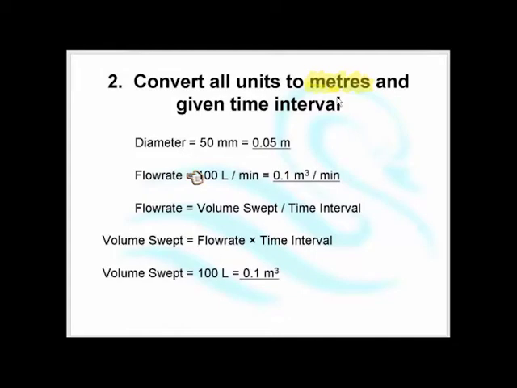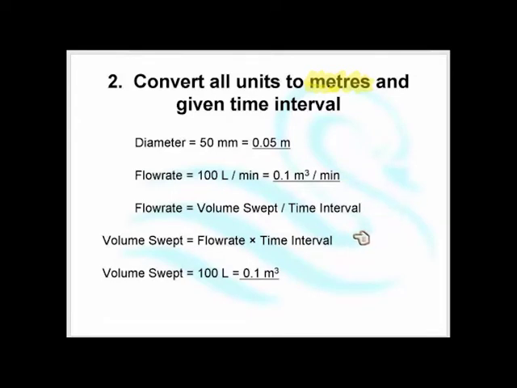Next, the flow rate, 100 litres per minute. 100 litres is 1/10 of a cubic metre. We need to convert litres into cubic metres. So 100 litres is 1/10 of a cubic metre per minute. Now we know flow rate is volume swept divided by the time interval, volume divided by time, that's what flow rate is.